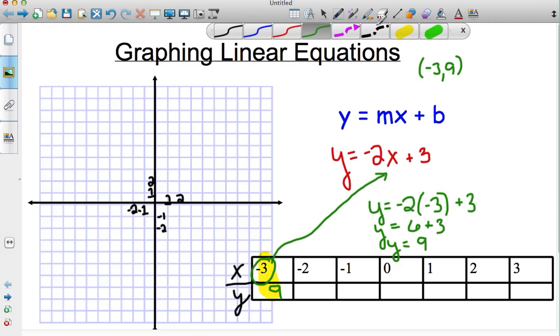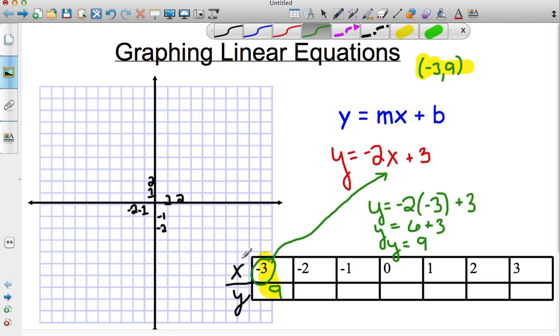I'll highlight that so you can see the connection. So I'm going to first, and you can choose to fill out your table completely first or do 1 point at a time. I guess I'll just show you how to do that first.